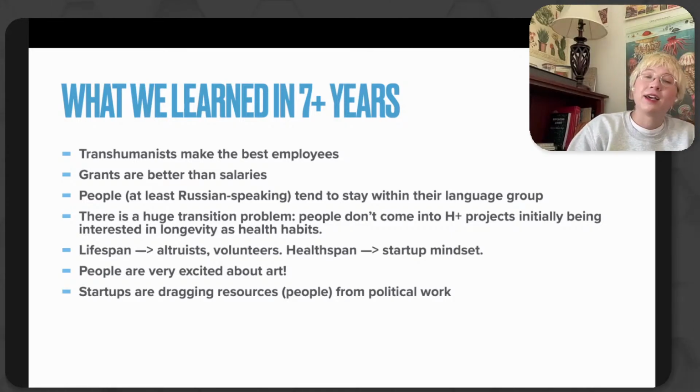Another thing we observed: people that are interested in lifespan are more altruistic. They are ready to be volunteers. They are ready to work on projects. People that are interested in health span are interested in immediate results, and they have this startup mindset.